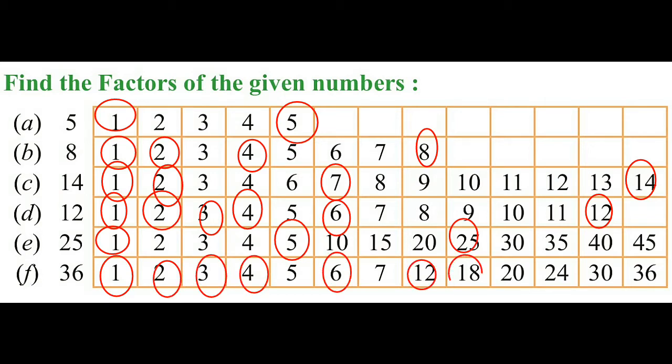D part, factors of 12 are 1, 2, 3, 4, 6 and 12. E part, factors of 25 are 1, 5, 25. F part, factors of 36 are 1, 2, 3, 4, 6, 12, 18, 36. So these are the factors of 36, right?